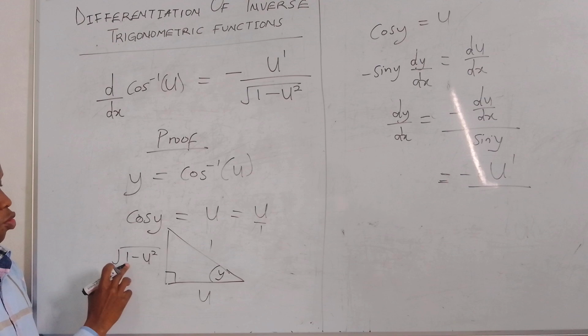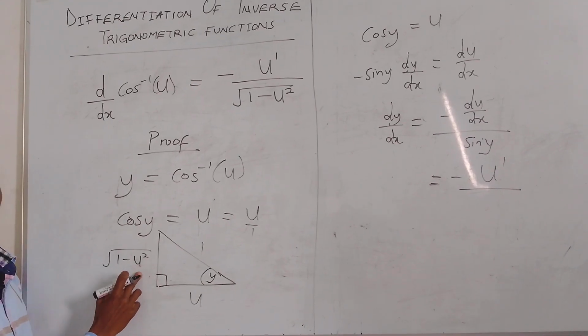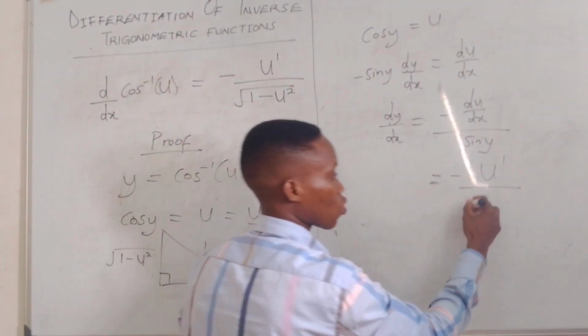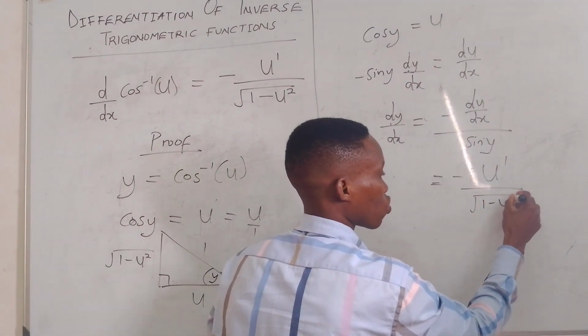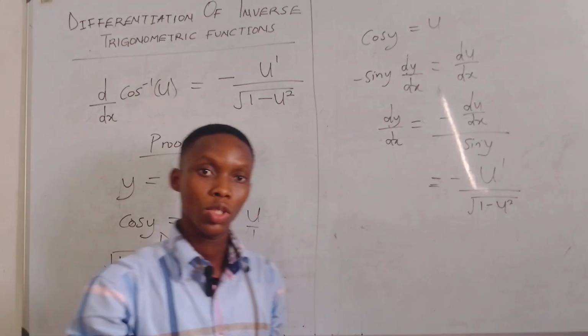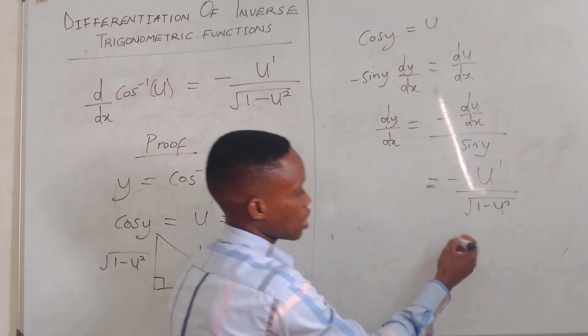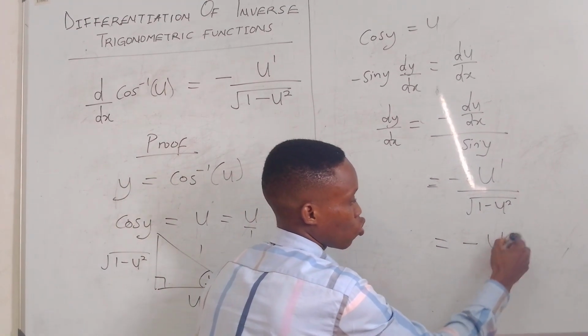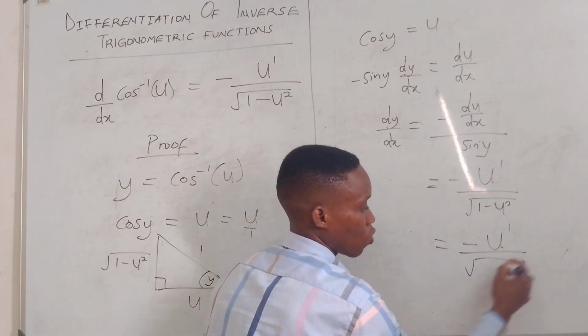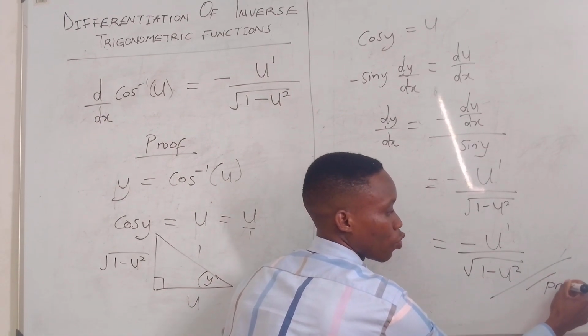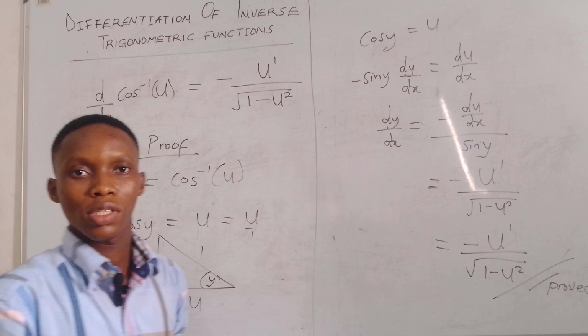Opposite is now root of 1 minus u squared, and the hypotenuse is now 1. So we get the square root of 1 minus u squared, all divided by 1, which we can just forget since a number divided by 1 is the same number. So you can rewrite it as minus u prime, all divided by root of 1 minus u squared. So you can see we have proved it simply.